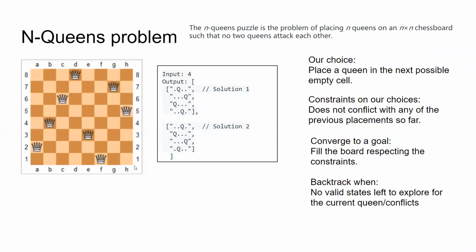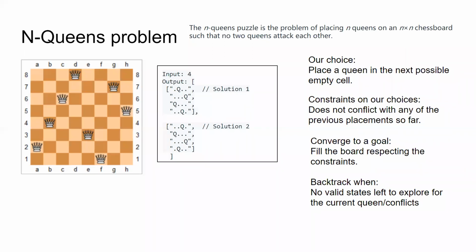The backtracking would be the idea that I have checked all the columns, right? And let's say all of them are leading to some conflicts with one of the queens in the previous rows. Then in that case, I have to backtrack to my previous placement of the queen and try another position for that, right? That's the idea of backtracking.